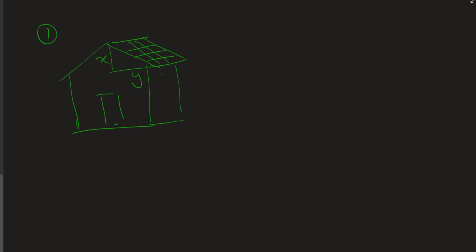We try to go green every opportunity we get, right? So let's say I know x and y for this right angle triangle. We know x and y, but we need to calculate the hypotenuse, which is actually one side length of the solar panel. We are thinking of one side of the roof, right? And that is z.